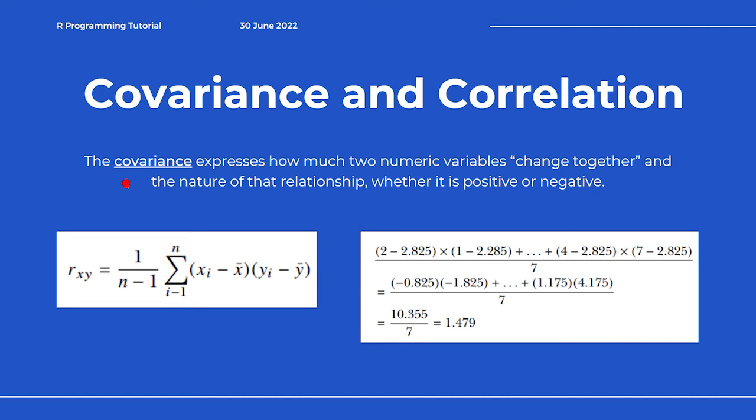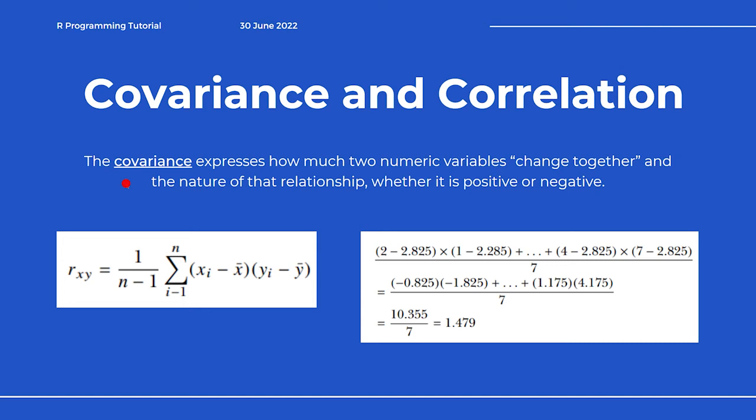So, in order to compute the correlation, we have to get the covariance first. The covariance expresses how much two numeric variables change together and the nature of the relationship, whether it is a positive or a negative change.